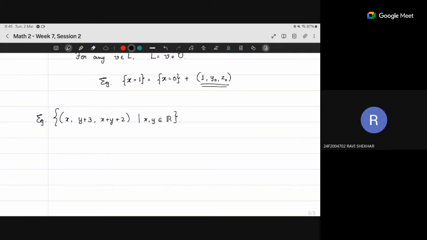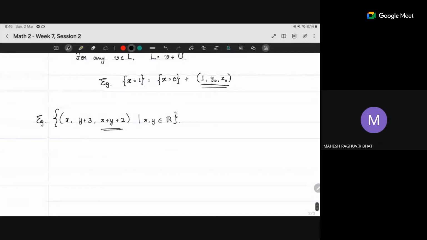So, have you verified that 0 0 0 is not a part of this? If y is minus 3, you'll need y is minus 3 and x is equal to 0, but then this will not be 0. So yes, 0 is not there, so this is not a vector subspace. But is this an affine subspace?